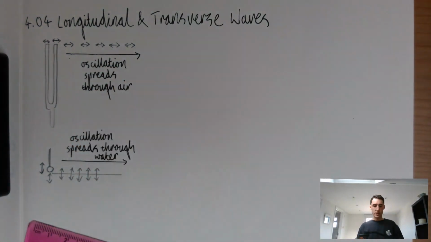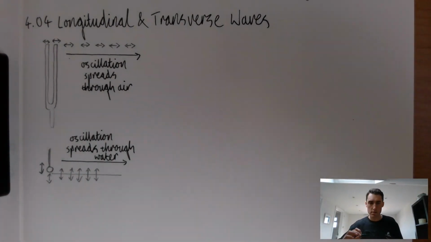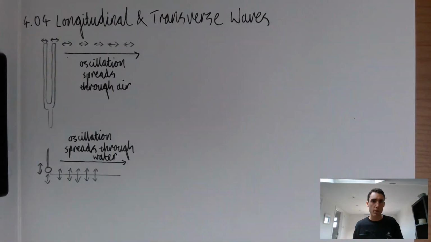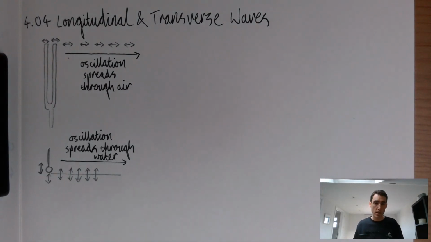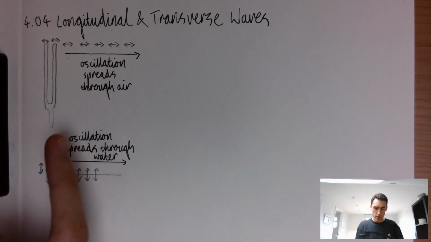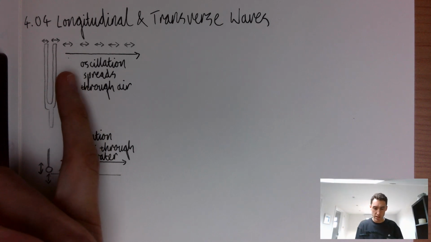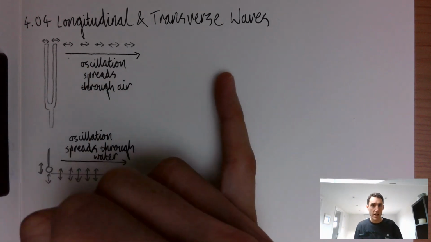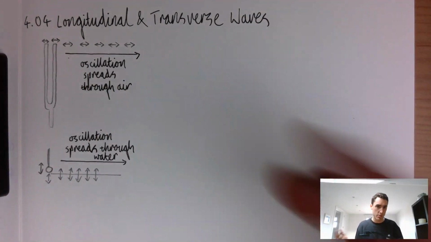Now you, as physics or science teachers, I'm sure have already spotted, there's something different here. But it's worth questioning students and really taking your time to make that clear. What exactly is different here? Well, the oscillation in both cases is spread in the same way. The sound wave travels through the air towards the person's ear, which is maybe over here.